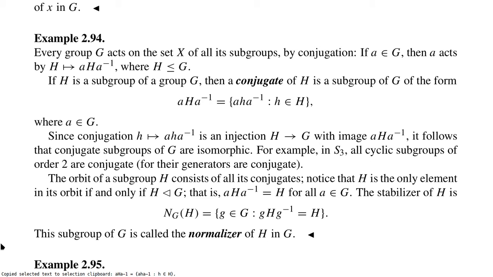So for example, in S3, all cyclic subgroups of order 2 are conjugate, because I think this is something that we saw before. And this makes more sense because if you have a subgroup H, consider the orbit of this subgroup, which consists of all these conjugates.